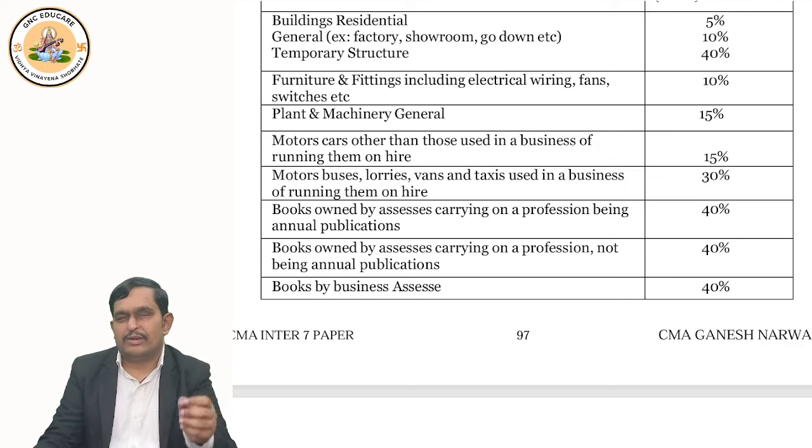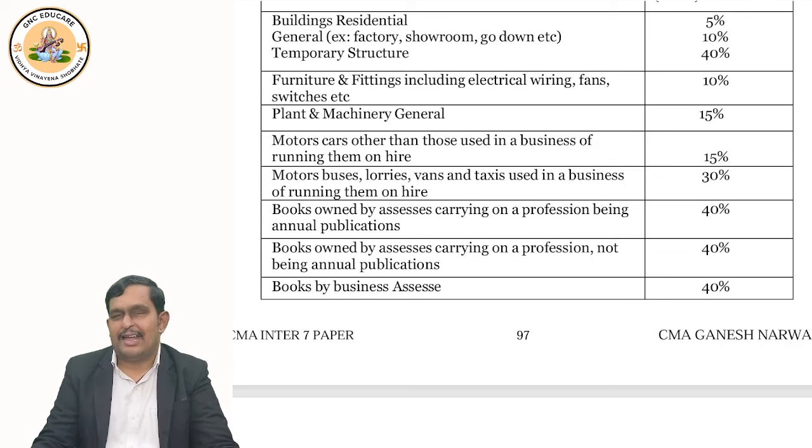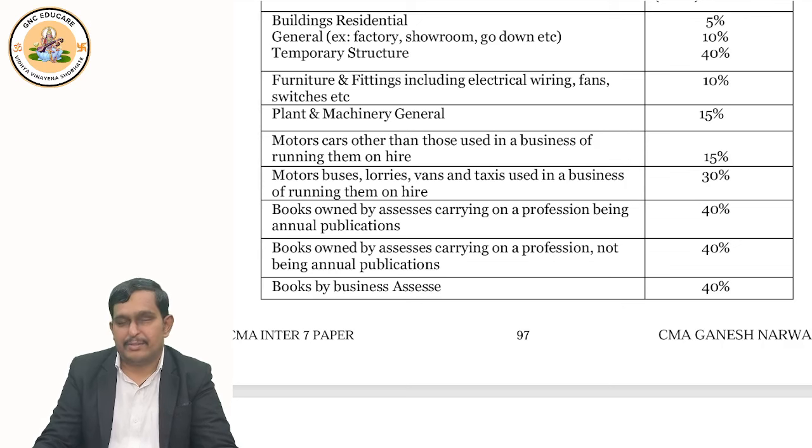But suppose it is a motor car other than on hire. Suppose, for example, Ambani purchased a car, Adani purchased a car. Now he is not going to start his taxi services, correct? It's for business purpose, maybe for personal purpose, correct? If it is for business purpose, not hire, then definitely 15% rate can be claimed, right?